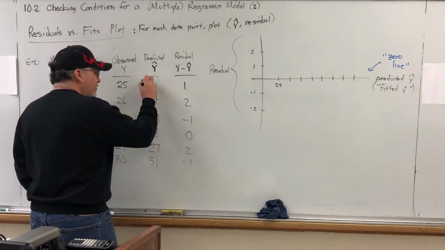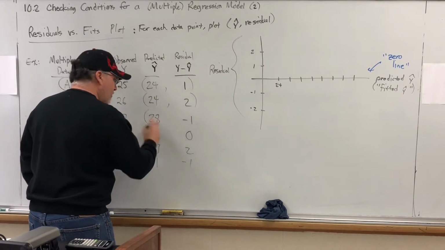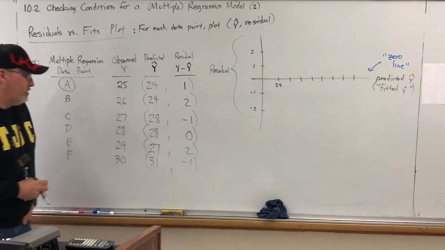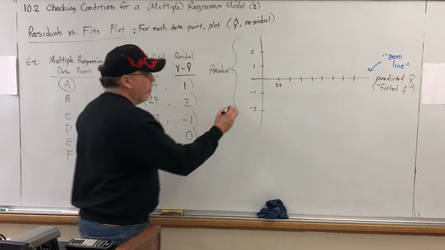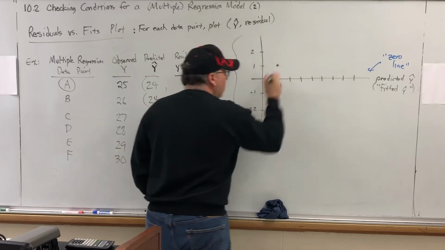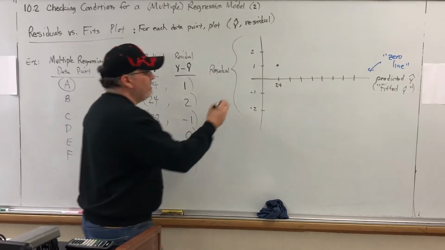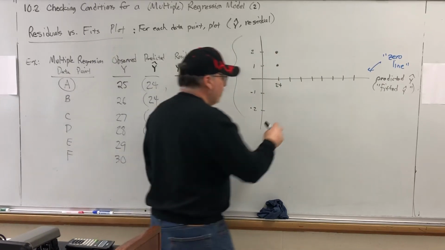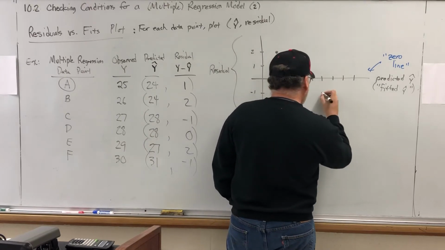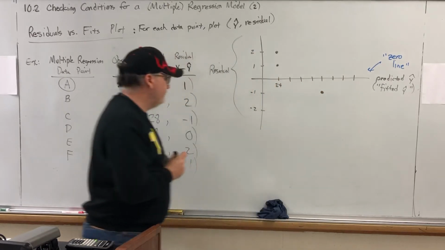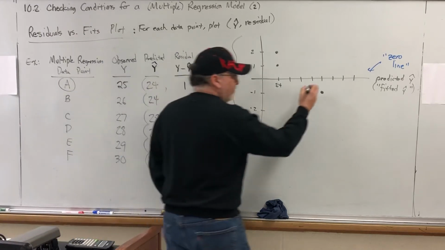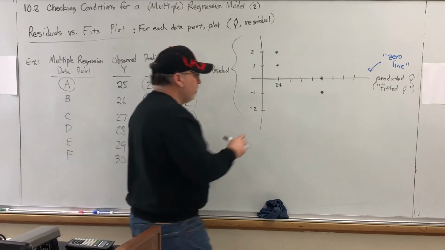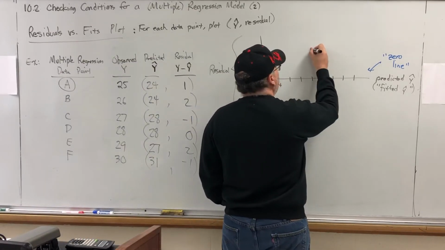Well, they're right here. So I just have to plot these points. 24 comma 1 would be here. 24 comma 2 would be above it. 28 comma negative 1. 25, 26, 27, 28 would be about here. 28 comma 0 would be right above it. 27 comma 2, or 25, 26, 27 would be up here.